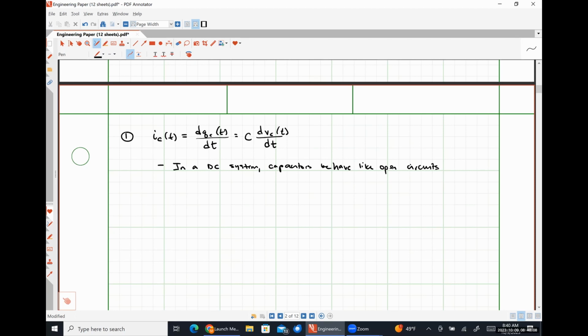Right, the voltage can't change abruptly, because if the voltage changed abruptly, we would have an infinite amount of current, which would mean that we would be creating charge from nothing, which would be a violation of the law of conservation of charge. Okay. So the voltage drop across a capacitor cannot change abruptly.